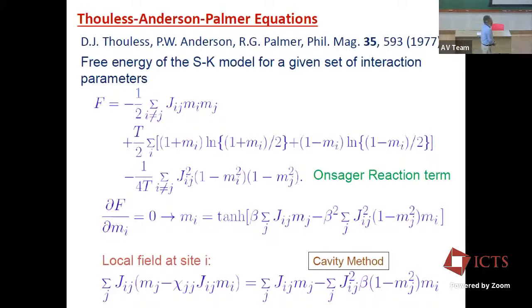And you also want to know eventually, if you want to do dynamics, what kind of barriers one has to overcome in going from one minimum to another, all sorts of things like that. But the structure of the problem is exactly the same as many other problems of this class.